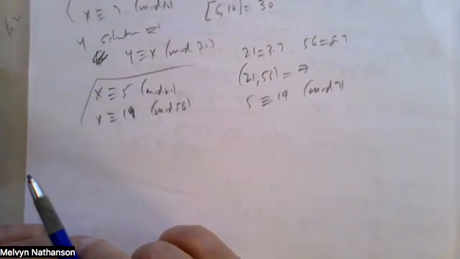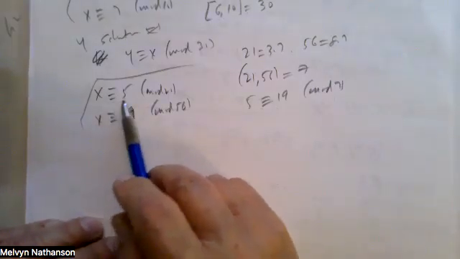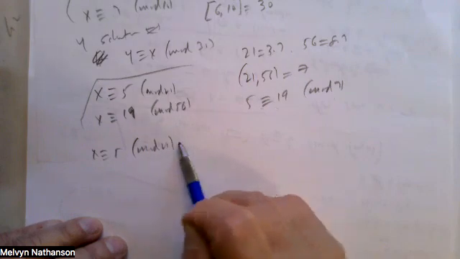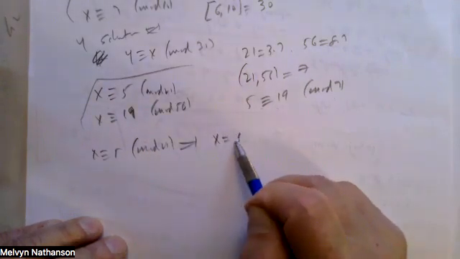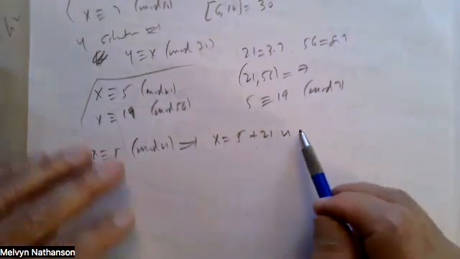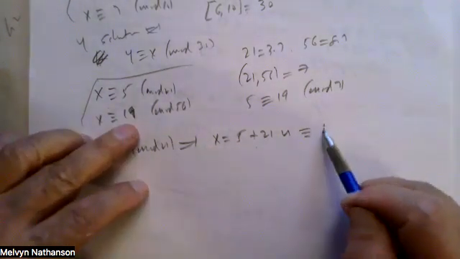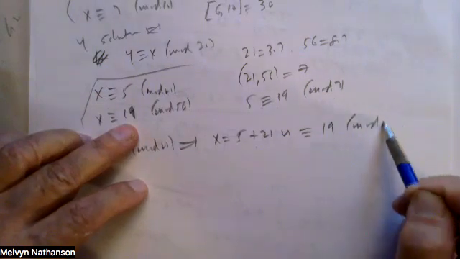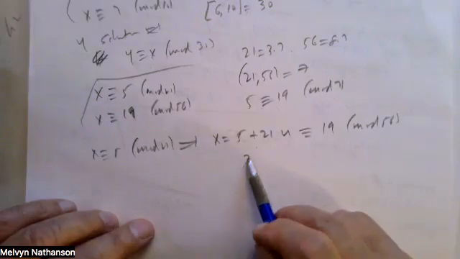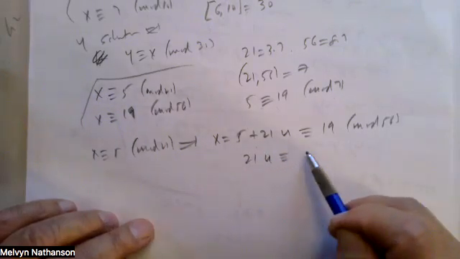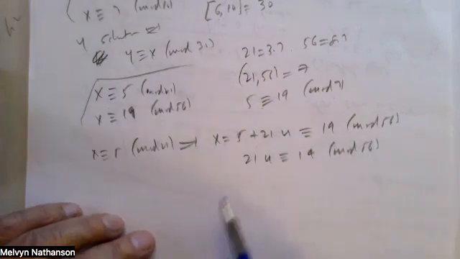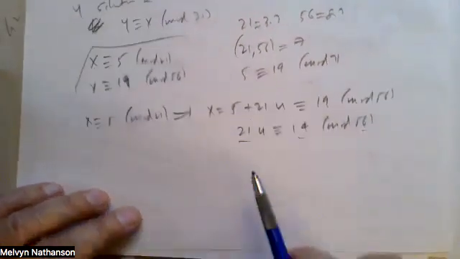And to find it, again, one way is to say that if x is congruent to 5 mod 21, then x is 5 plus 21u for some integer u. And this has to be congruent to 19 mod 56. If I subtract 5 from both sides, 21u is going to be congruent to 14 mod 56. Each of these numbers is divisible by 7.